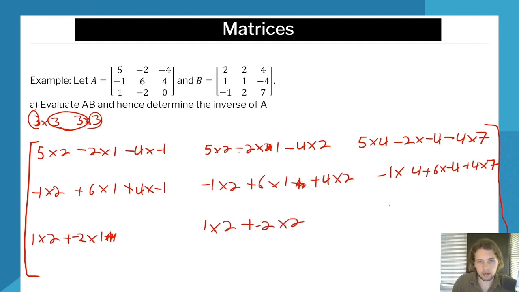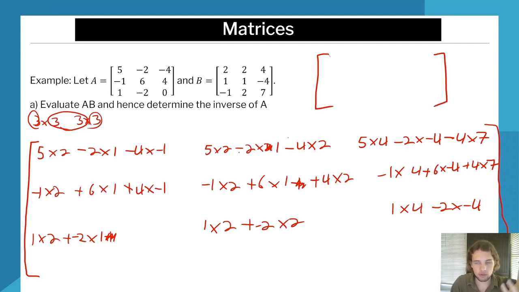And then finally down here we have 1 times 4 minus 2 times minus 4. Now, we're going to try to figure out what this is, and we can assume it's probably going to end up something like an identity matrix because we are expecting that A times B tells us something about an inverse. So B might have some relation to an inverse.